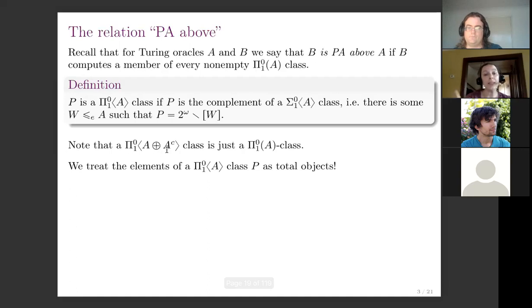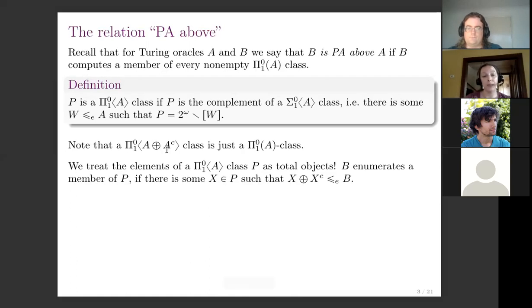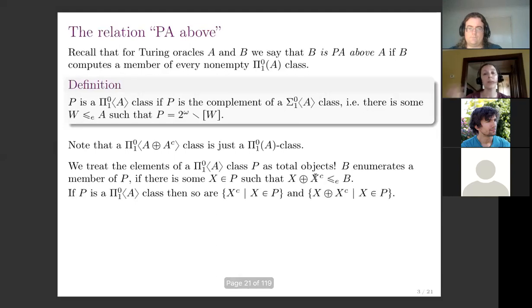And we're treating the elements of such a set as total objects. So when I say that B enumerates a member of P for some Π⁰₁ relative to A class P, what I mean is that there is some X in P, some member of the class, such that B enumerates both the positive and negative information from X. So it enumerates X join X complement. Now we're going to be relativizing PA above.